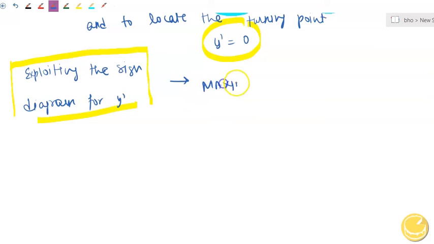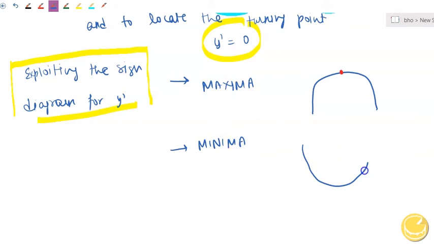What do I mean by maxima? Something curved like this, having this point as a global or local maximum. We can also predict minima using the turning points, a curve like this, and this is our global or local minimum point.